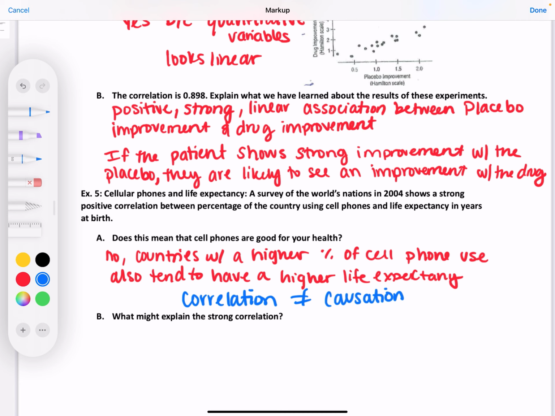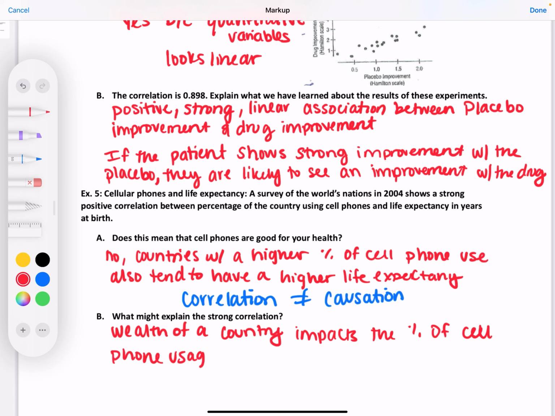Yes, so for the strong correlation, we could say that the wealth of a country impacts the percent of cell phone usage and life expectancy.